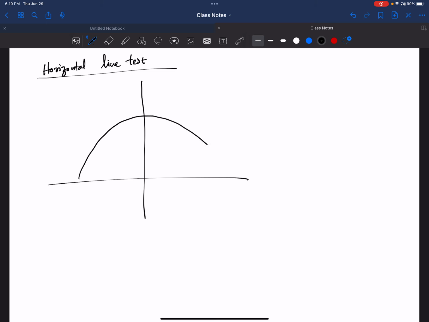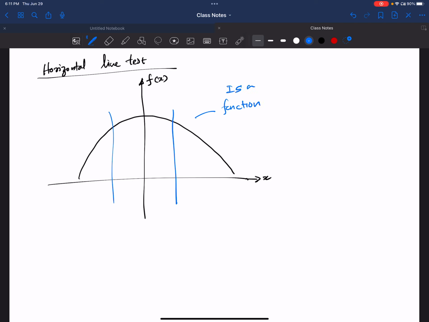Let's say you have a graph like this. Is this a function? To find whether it's a function or not, we do the vertical line test. If we draw any vertical line, and that vertical line does not intersect the graph at two distinct points, that's a function. So this is a function.